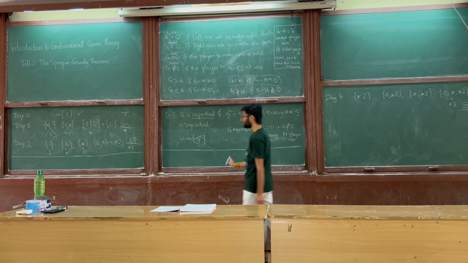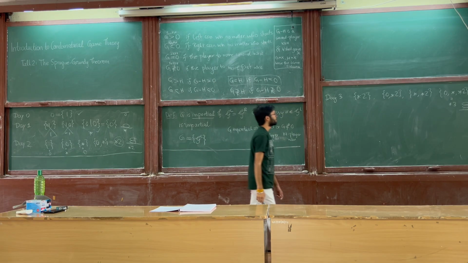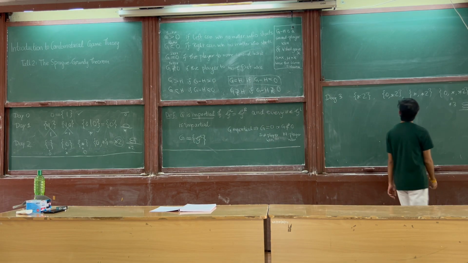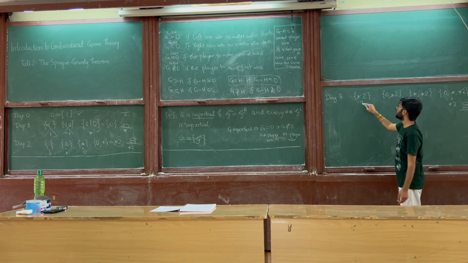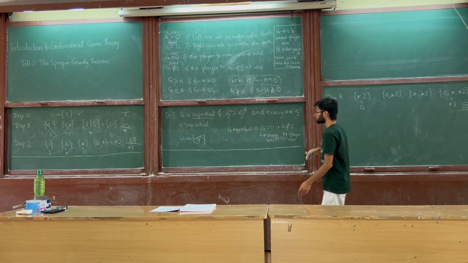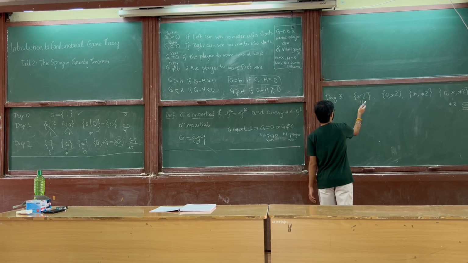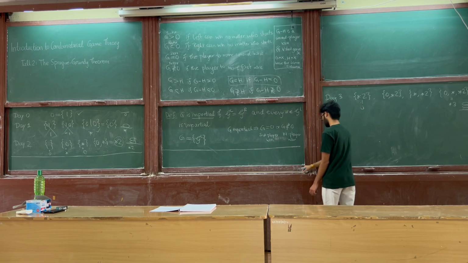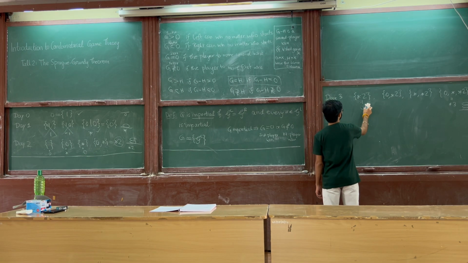While what about these two? Well, certainly they are new games, right? They are not. Why? Because look at this. This is exactly the same reasoning as star. This is 0. The first player goes to star 2, the next player goes to 0 and wins.